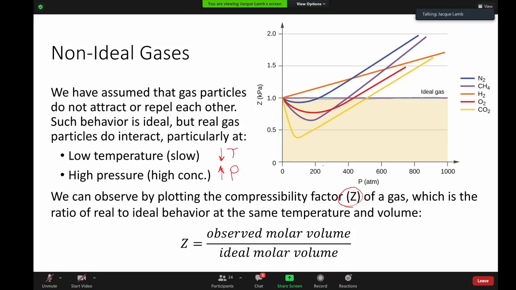So if you're down around 1 atmosphere, you're right down here at the beginning of this scale, and all of these gases are pretty close to 1. So they do behave ideally at low pressures, and 1 atmosphere or lower is low enough for most of those gases to behave ideally. So at high pressure and low temperature is when you will see them behaving less ideally.